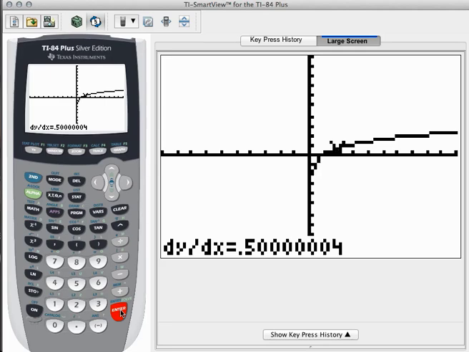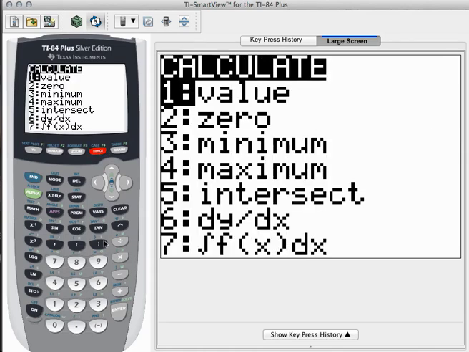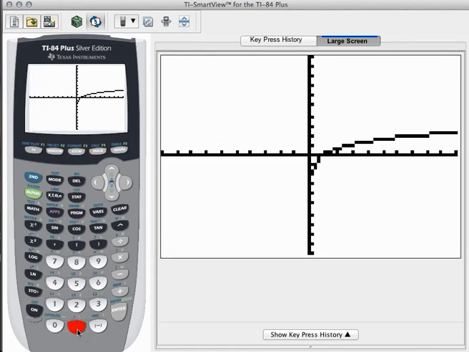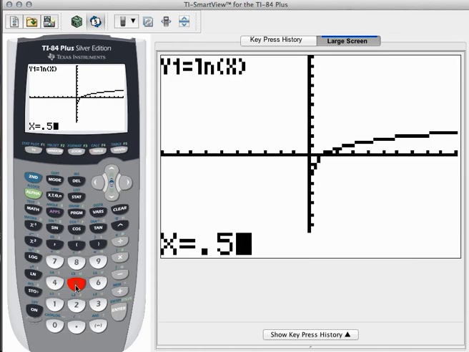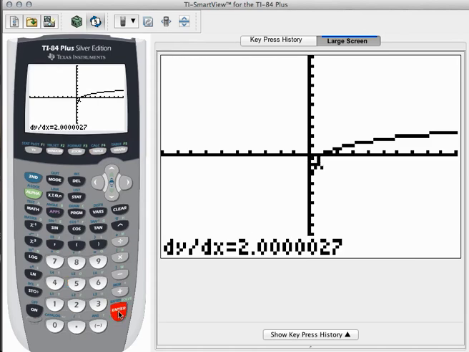So let's try yet another one. Let's consider when x equals a half. And in this case, we find that when we consider x equals a half on the graph of y equals natural log of x, the derivative value at that particular x is 2.